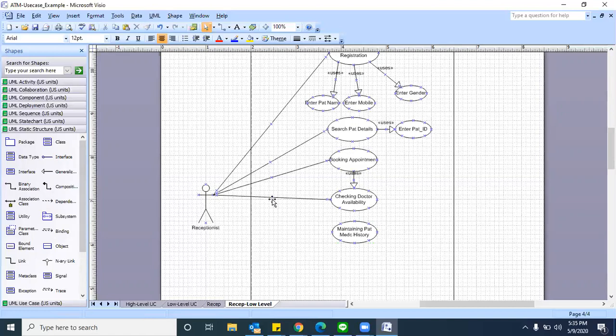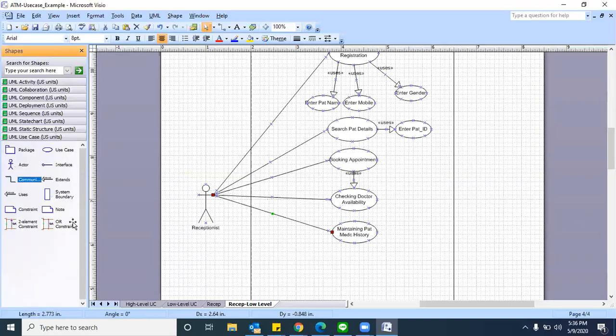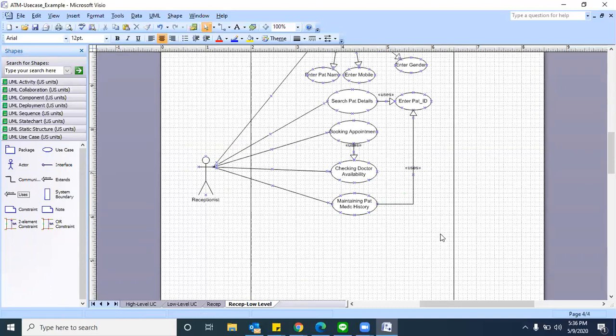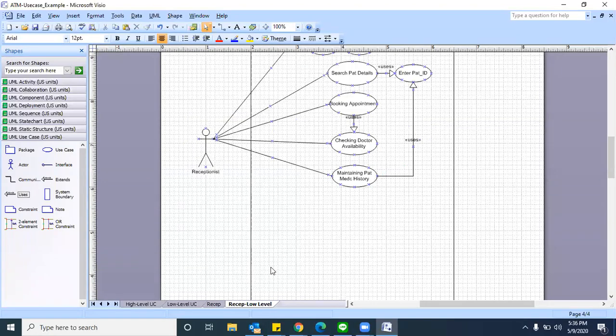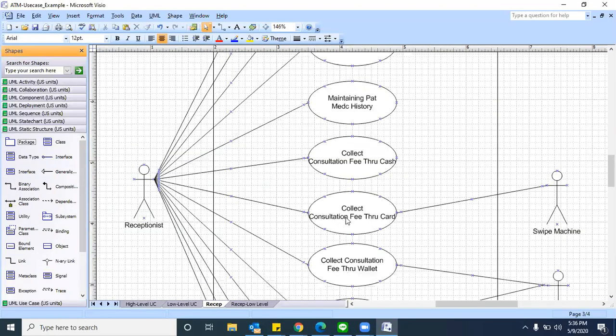Do remember, you should use one single patient ID. You should not repeat multiple use cases in the use case diagram. There is a thumb rule. So includes is nothing but like this, right? Done. And what is the next one?